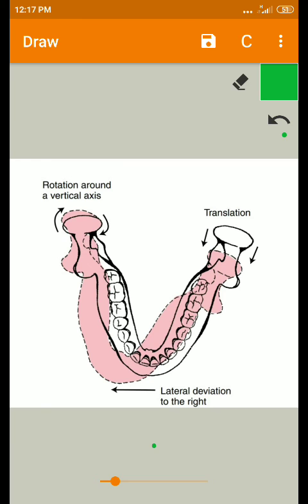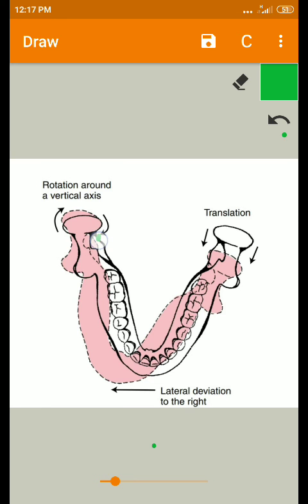That means some opening and closing of the mouth is taking place in the sagittal plane, isn't it? So in this asymmetrical movement, rotation is taking place around an antero-posterior axis.